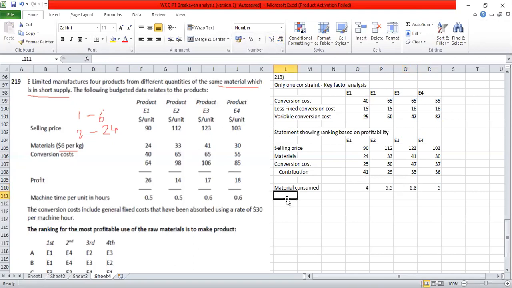Now, we need to know what is the contribution per kg of material.